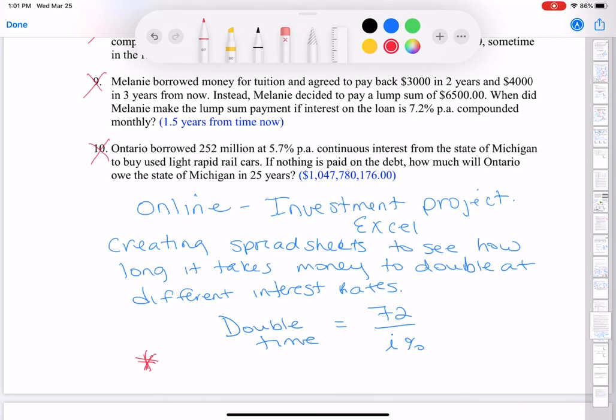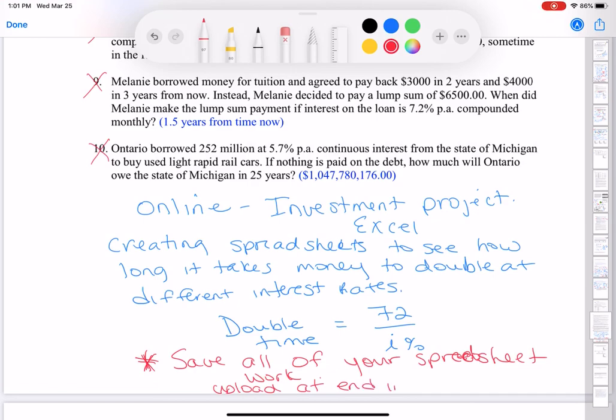I just want to be very clear that you save all of your spreadsheet work, because if I'm ever taking marks off for this project, it is because the folks have not saved all of their different spreadsheets where they're showing me their work, and there is a place to upload at the end in the assignment.